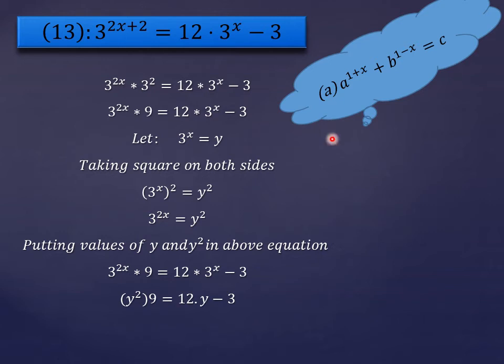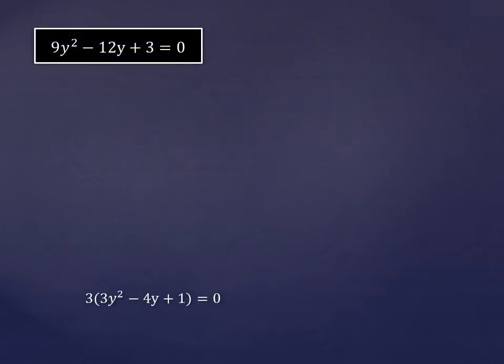The equation will become y square into 9 equals to 12 into y minus 3. Multiplying the brackets and taking all the digits to the left side of the equation, it will become 9y square minus 12y plus 3 equals to 0. The next step is to break the midterm.